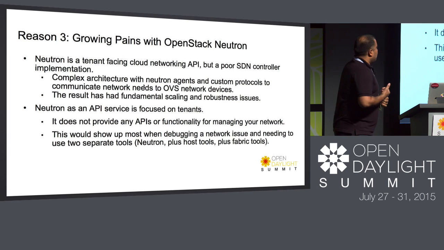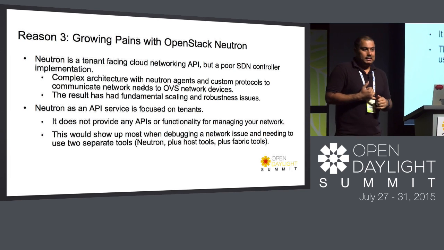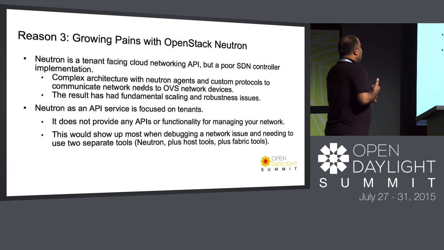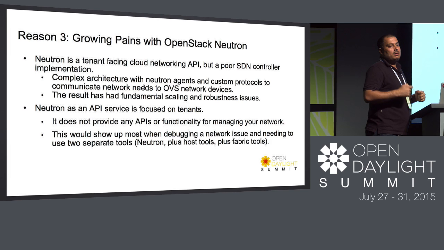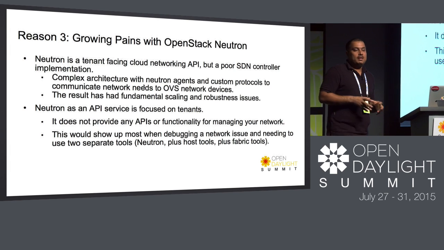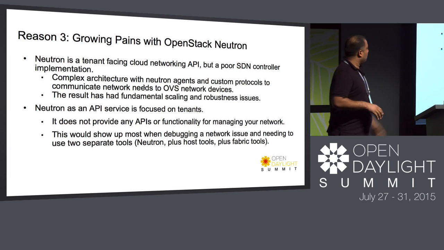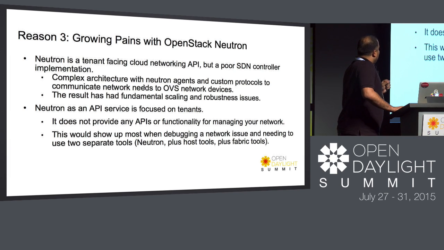It's a complex architecture where there are a lot of agents running on all the machines, and they use custom protocols. If you go by Open vSwitch kind of networking, you have to run one agent on all compute nodes. There are a bunch of agents running on a networking node, and a bunch of agents running on a controller node. So there are a lot of agents, and the whole architecture is complex.